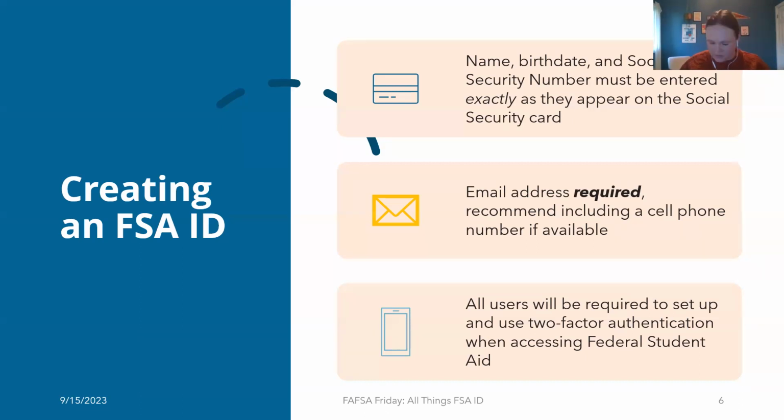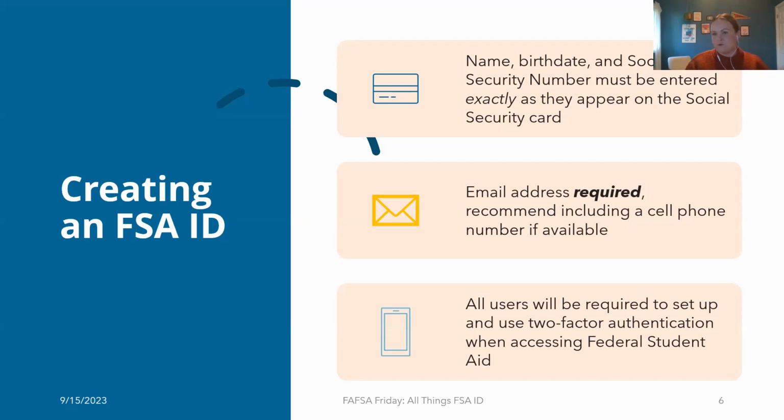two-factor authentication process. It's important to note that email addresses and phone numbers can only be associated with one FSA ID account. So it won't be possible for, let's say, a parent to set up their account as well as their student's account, both under the parent's email and phone number. Everyone will need to have their own unique contact information tied to their accounts.